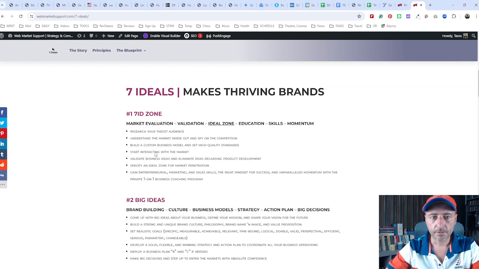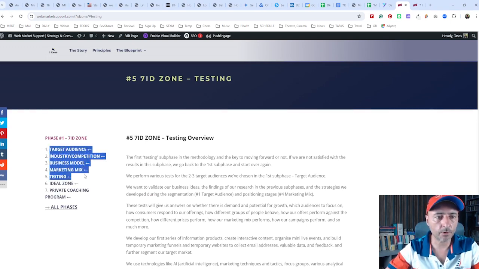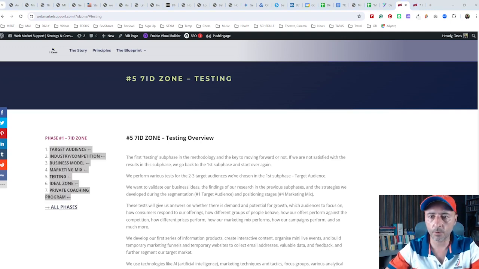The first phase, 7ID zone, consists of 7 sub-phases. Let me show you the sub-phases. These are the 7 sub-phases of 7ID zone. Target audience, industry competition, business model, marketing mix, testing, ideal zone, private coaching program.